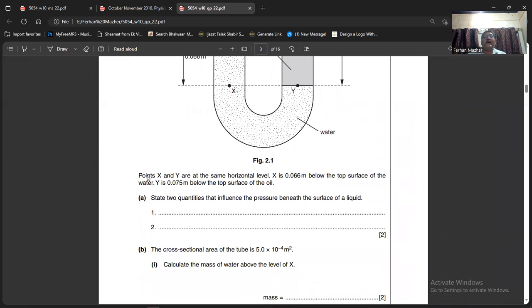State two quantities that influence the pressure beneath the surface of a liquid. You know the pressure of a liquid is rho GH, where rho is the density of the liquid, G is the gravitational field strength at that point, and H is the depth of the liquid above that point.